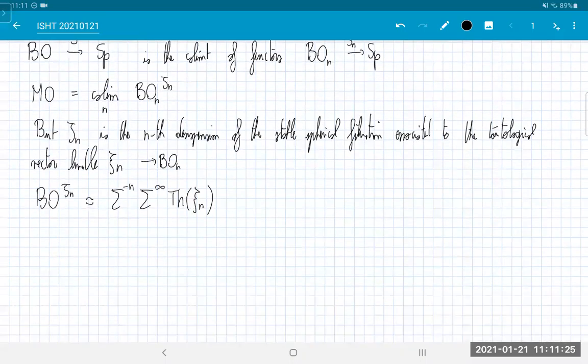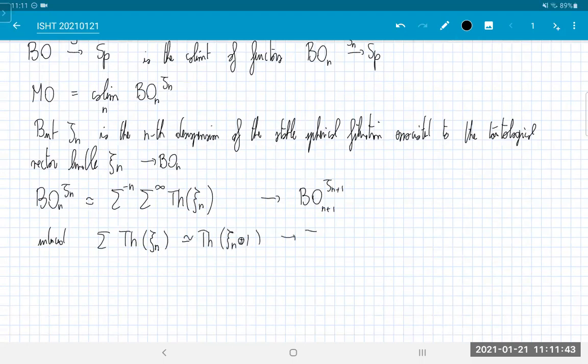And note that this map from this guy to BON plus 1, Jn plus 1 is induced by this map. Coming from the fact that we have such a Cartesian square. That's because the tautological bundle is the universal bundle.